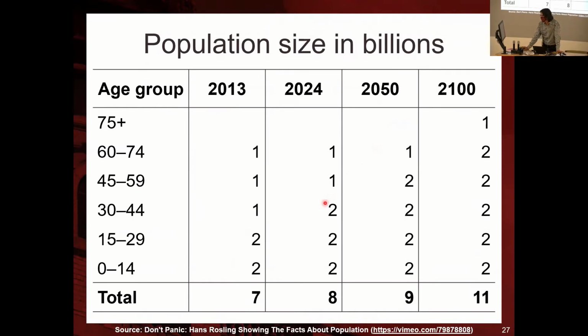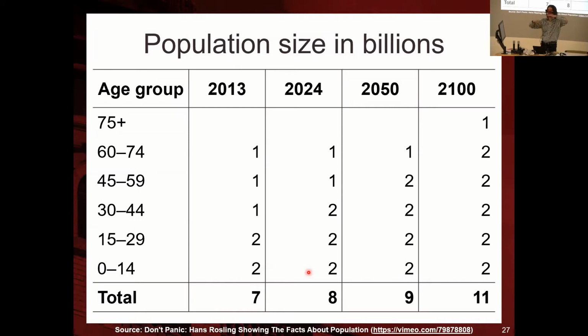And his main point is that he has this term that he created called child peak, which is that we will reach, because fertility has been declining all over the world, a point where the overall number of children in the world is not going to increase anymore. So it's kind of stable now. It's going to be stable around 2 billion children, because fertility has been declining.